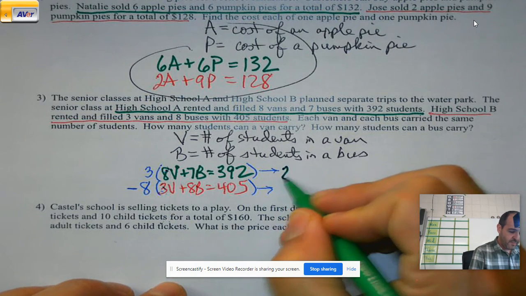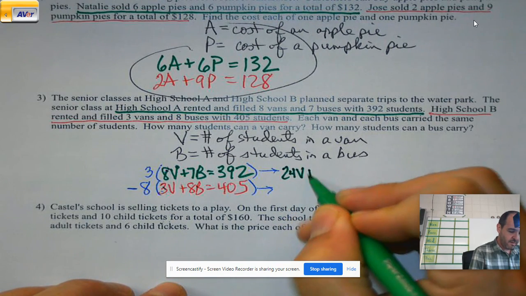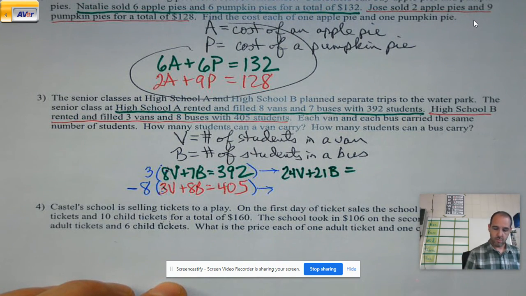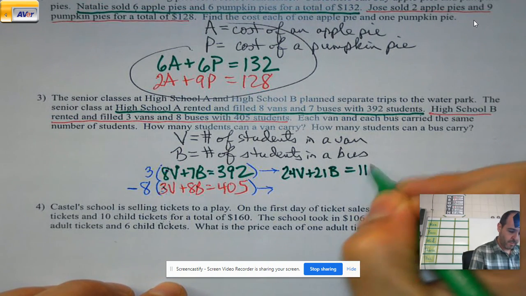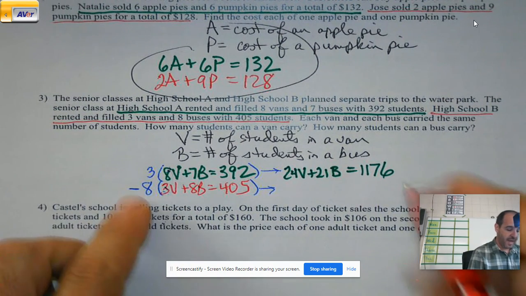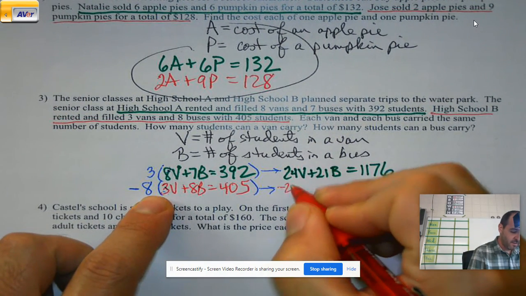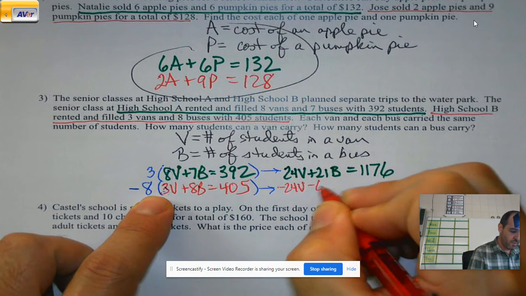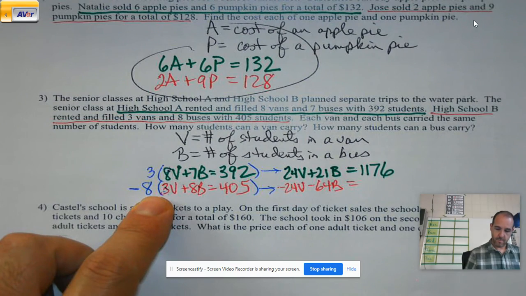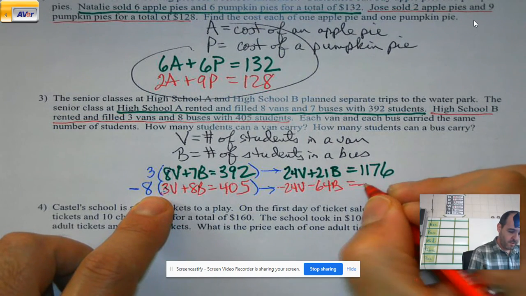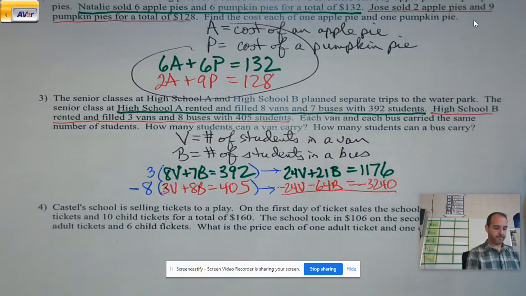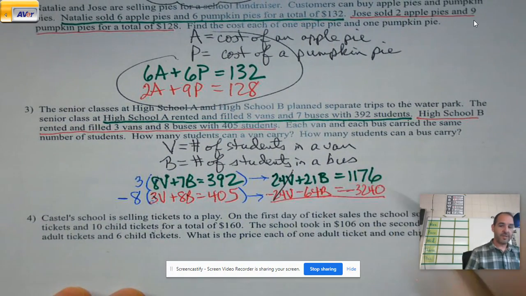So we would distribute that 3 all the way through. And down below, we would distribute that negative 8 all the way through. Now I notice my V's cancel.